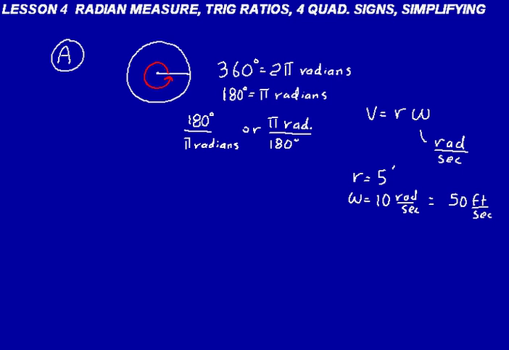Now, what happened to the radians? Why isn't it 50 feet times radians per second? Well, when you do these problems, you just kind of make the radians units go away. You don't really worry about those. That's why you use the units of radians in a problem like this. You won't say revolutions per second or degrees per second. You need to make sure that the units are in radians per second.